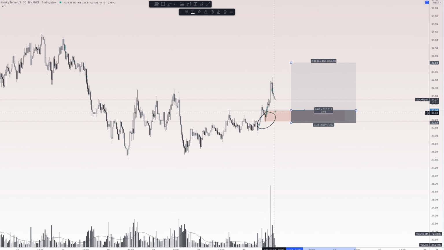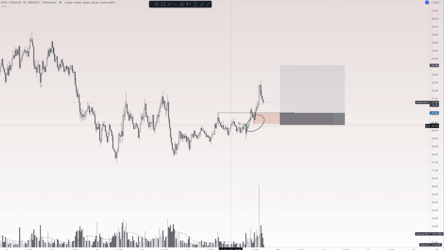This should be held, so the stop loss should be below this low, and that's 2.45%. But of course, this is relative to the time frame. If you're on a higher time frame, then the stop loss could be 10%, 8%, or even 20% if you're making a spot trade or swing trade. It really depends on the time frame and on the structure.